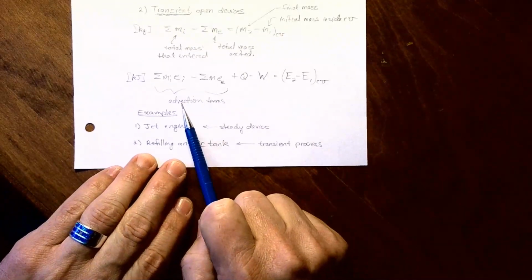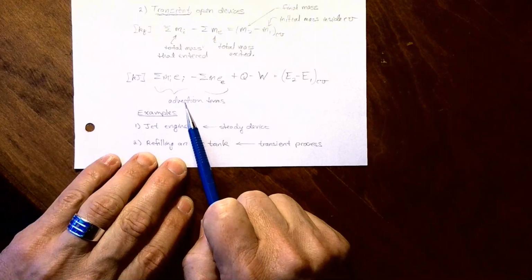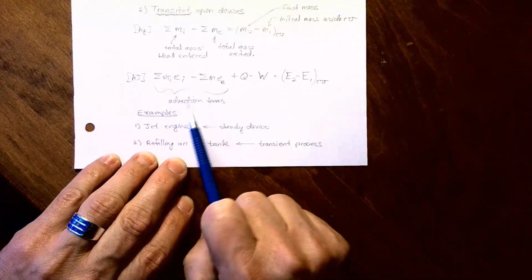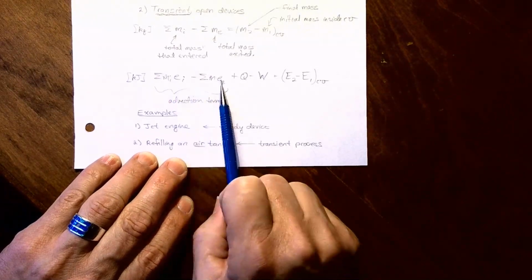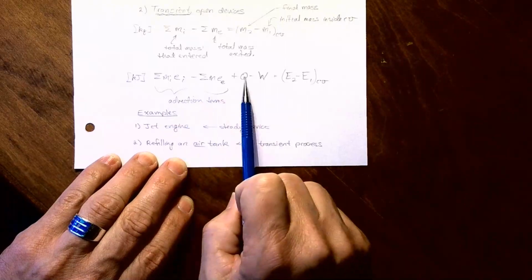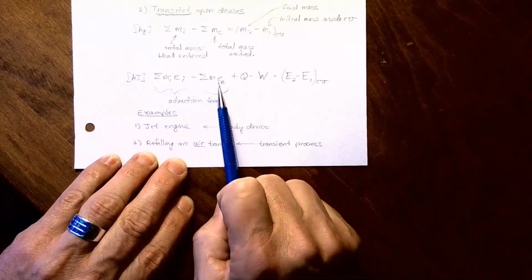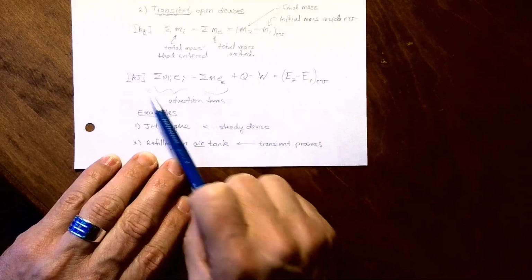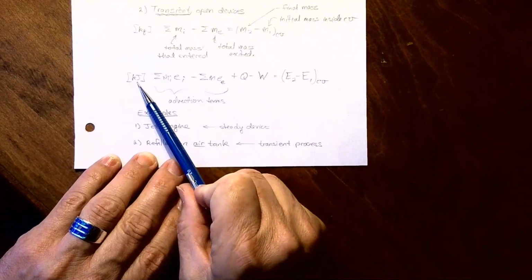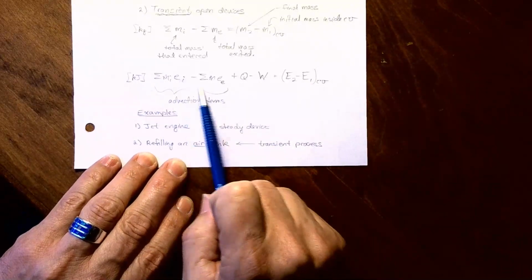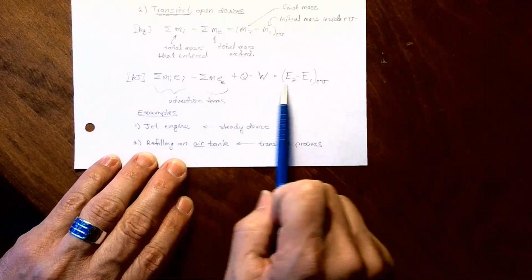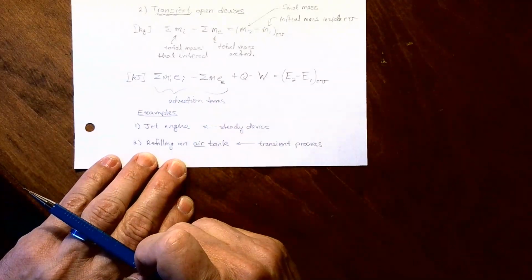So mass carrying a property into or out of the system is called advection. I'm terming those the advection terms. And these are not rates. Notice there's no dots on any of these terms. The units of this equation are going to be energy, and these are all accumulated values during the entire process.